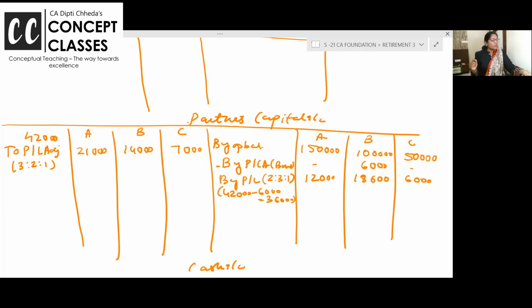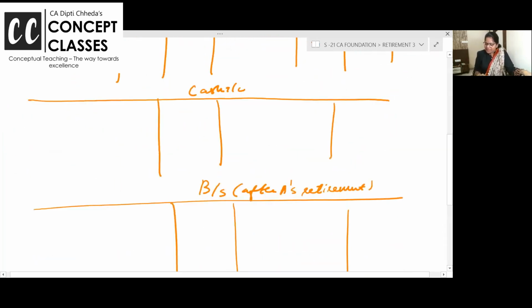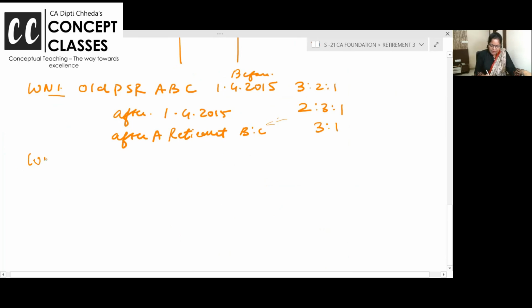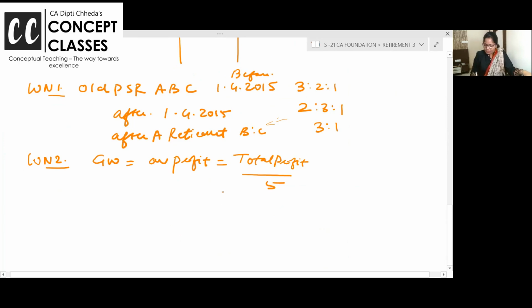Second adjustment, goodwill. There is no mistake in the goodwill. So directly you can take up the goodwill's adjustment working note 2. For goodwill first you have to calculate average profit. That is total profit of the 5 years divided by 5. How much you all are getting total profit?